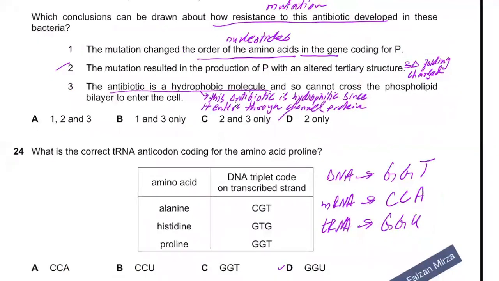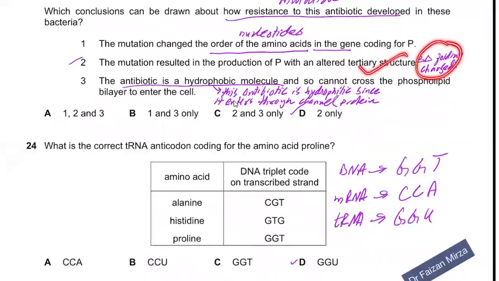Mutation results in production of P with altered tertiary structure, a 3D structure change, so it will not allow the same molecule to cross through. The antibiotic is hydrophobic. No, it cannot be hydrophobic because it uses a channel protein to enter. So only option 2 is correct. Again, you can see they have given 3 in three options just to confuse you that 3 must be the answer. In this case, it's not so.